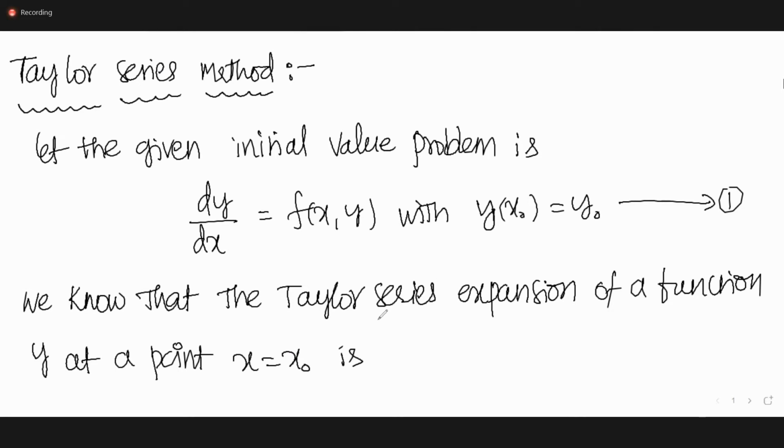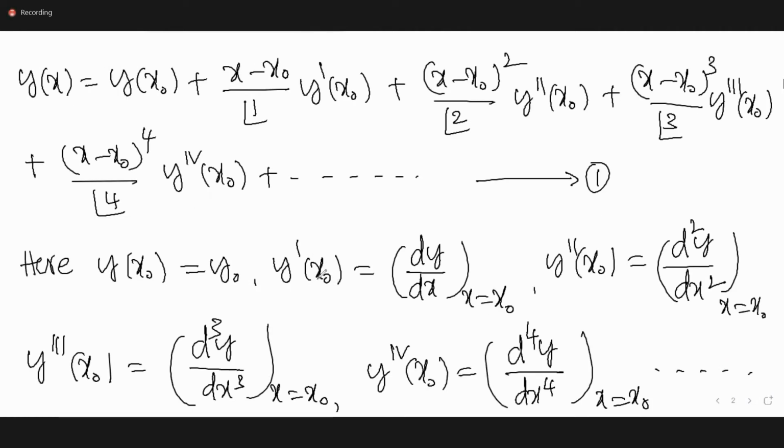So here dy by dx is equal to f of x y. This is a known function. X naught is a known value, y naught is also a known value. So find the first order, second order, third order, fourth order derivatives, and substitute in the Taylor series expansion.